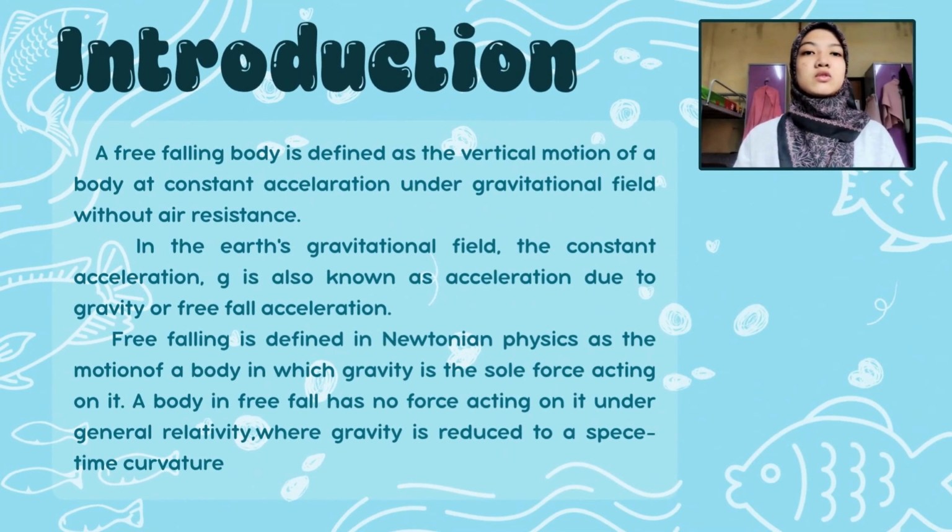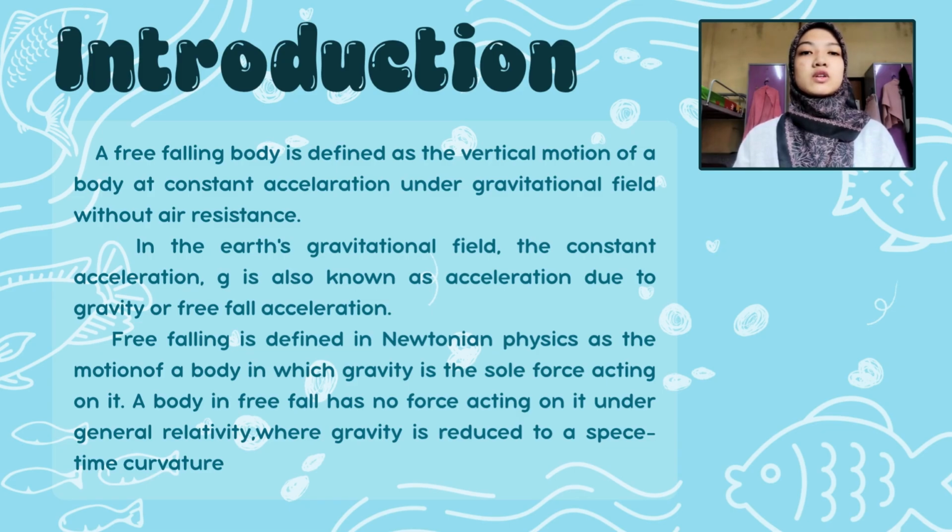Today, I want to introduce free-falling body motion. First, a free-falling body motion is defined as the vertical motion of a body at constant acceleration under a gravitational field without resistance. Second, in the Earth's gravitational field, the constant acceleration g is also known as acceleration due to gravity or free fall acceleration.